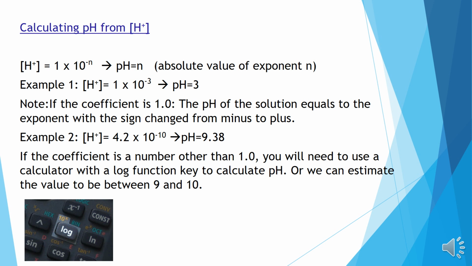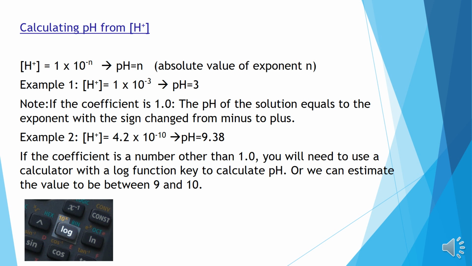Now, how to calculate pH from the concentration of H plus? There is a formula here. If the concentration of H plus equals 1 times 10 to the power minus n, then the pH equals n, the absolute value of the exponent n. Let's take example 1.